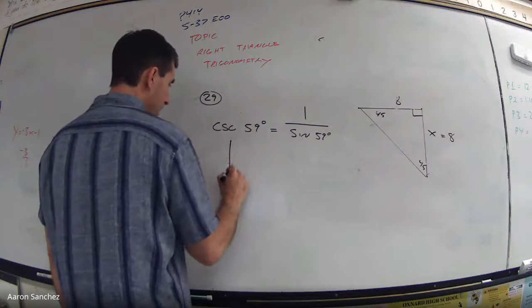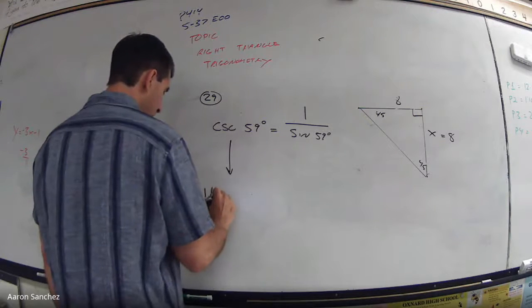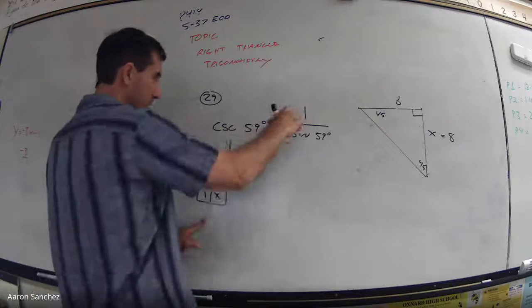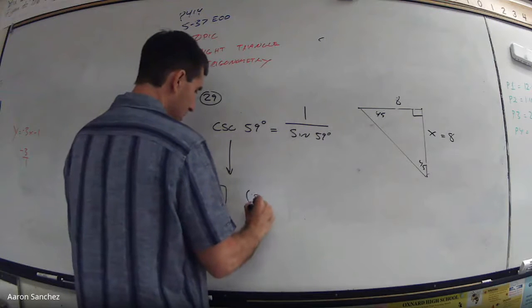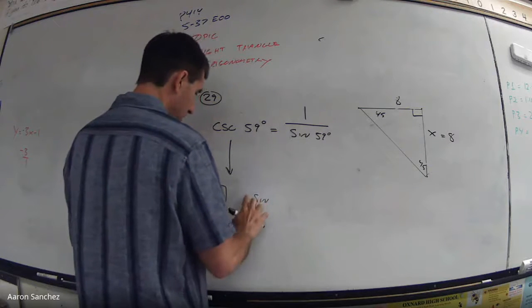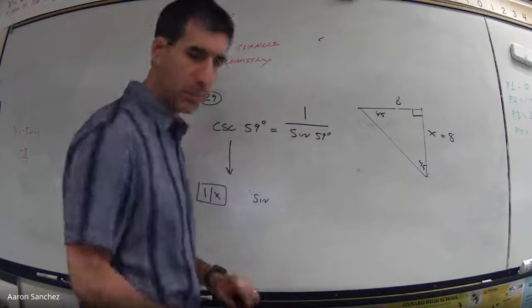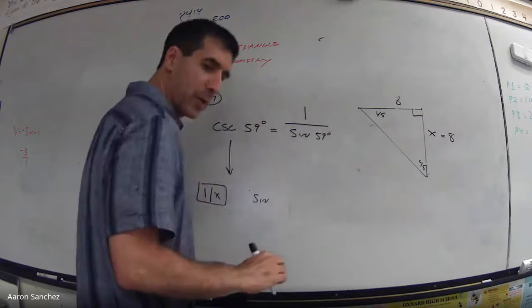To calculate this, you're going to hit on your calculator 1 over x. Hit the 1 over x button because it makes it go like that. And then hit sine. Then I think you gotta put parentheses in it.